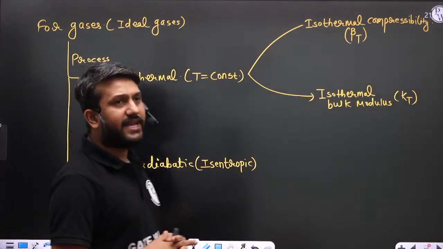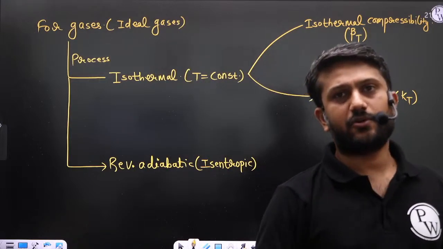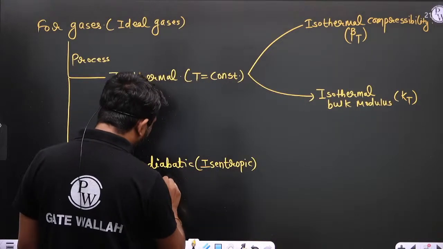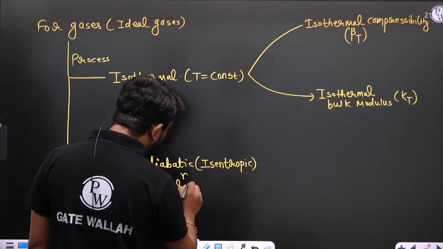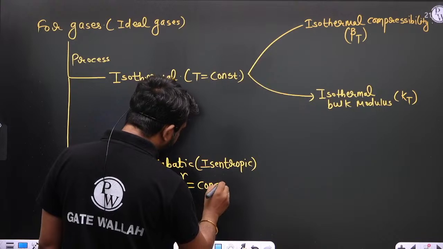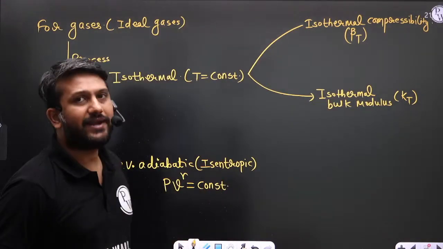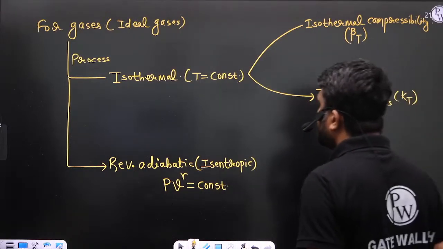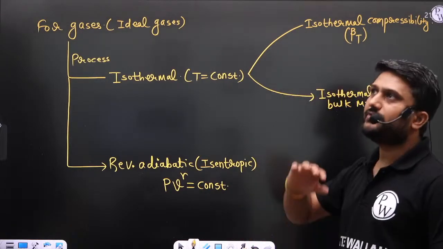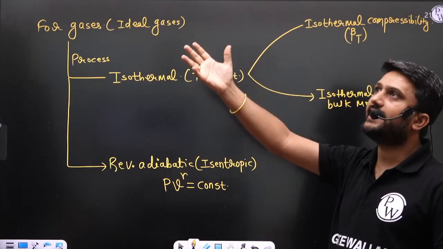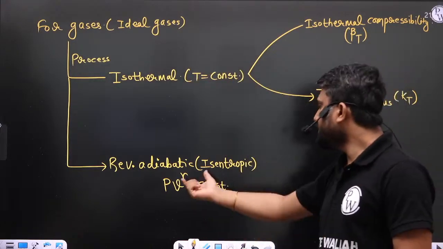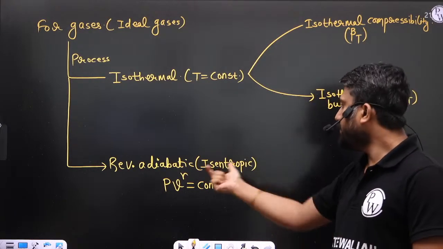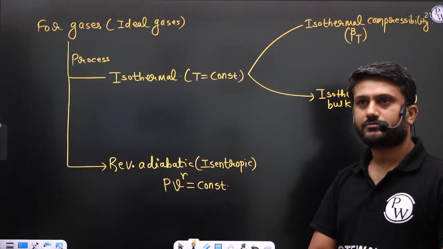So if a reversible adiabatic process occurs in an ideal gas, then we can use this law: PV to the power gamma is equal to constant. If I ask you the relation between P and V in a reversible adiabatic process in an ideal gas, you can say PV to the power gamma is equal to constant.